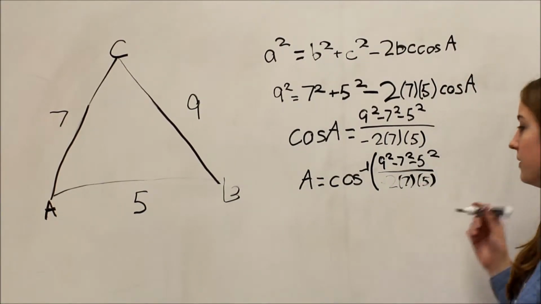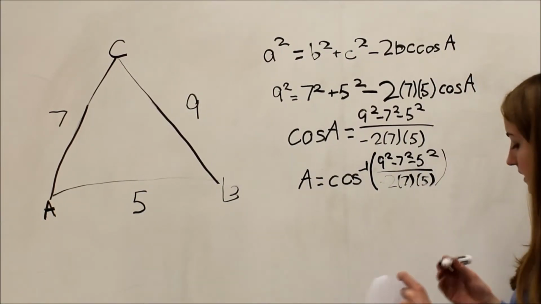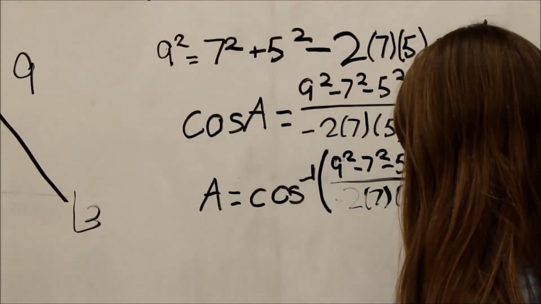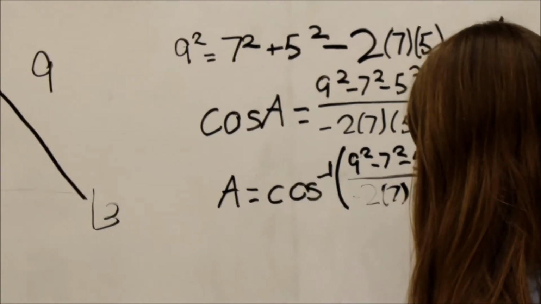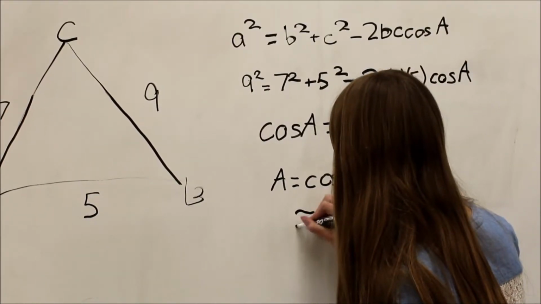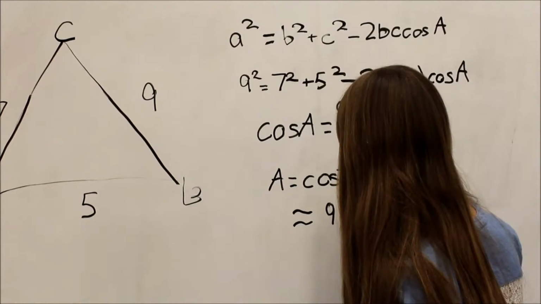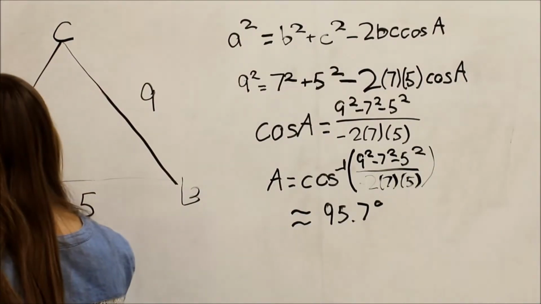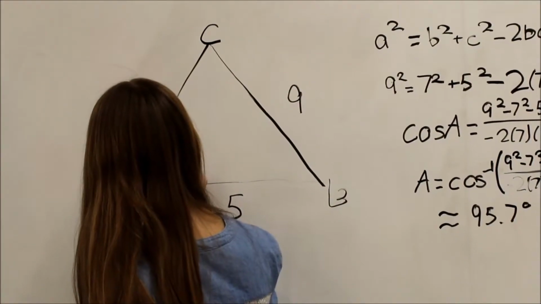I wrote it differently than the notes, but it still would make the same number, I think. Okay, so then that is about 95.7 degrees. So we can write over here that A is 95.7.